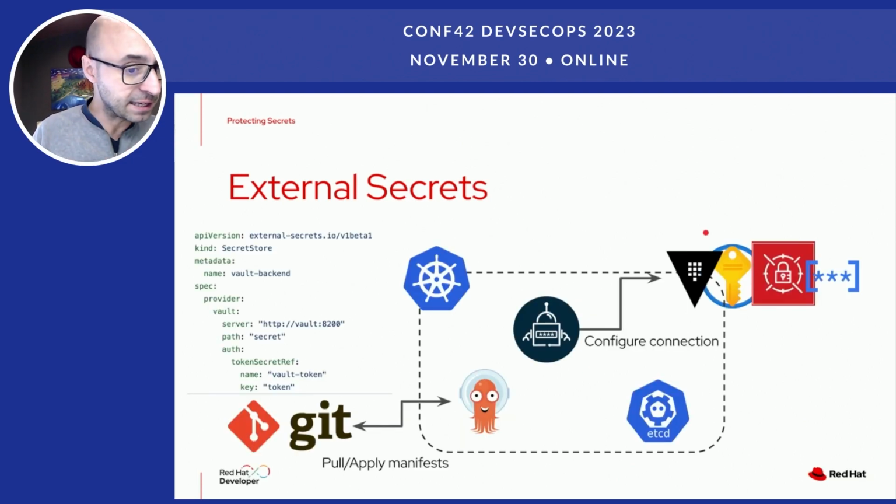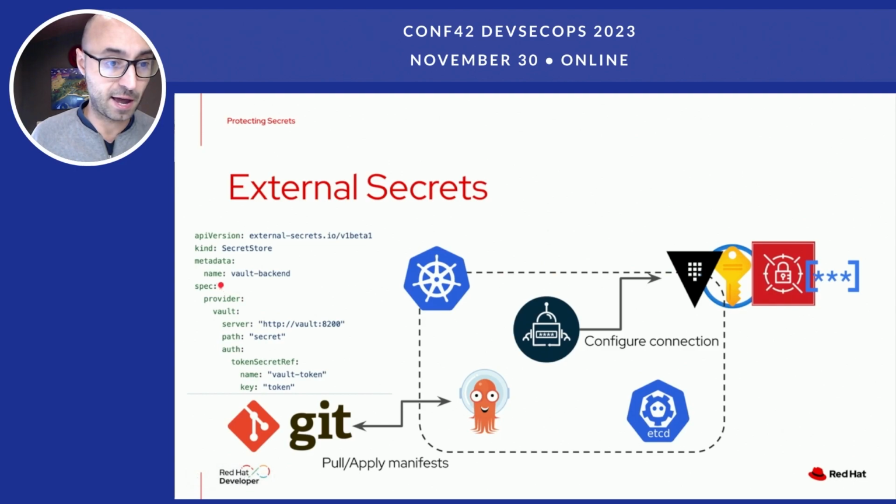And basically, in Git, we are just storing the configuration. We are not storing the secret itself. So, as you can see here, the first YAML file that we're going to run configures the External Secrets controller and where the secrets are stored.